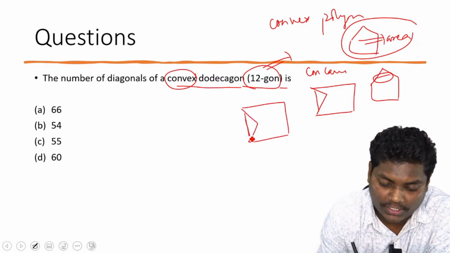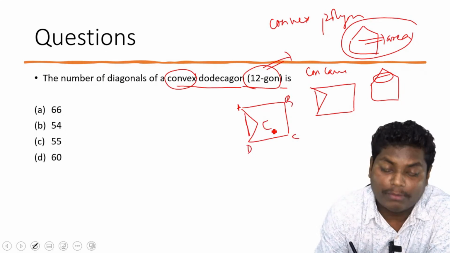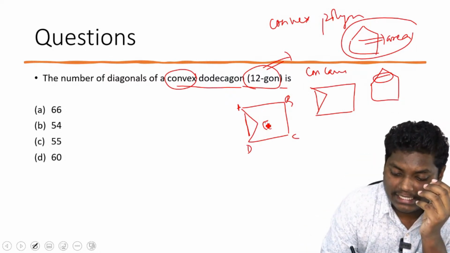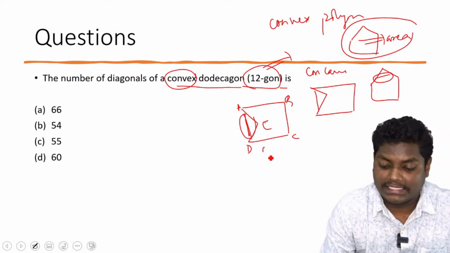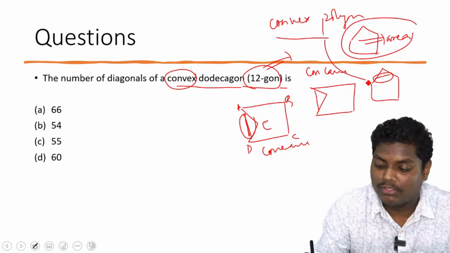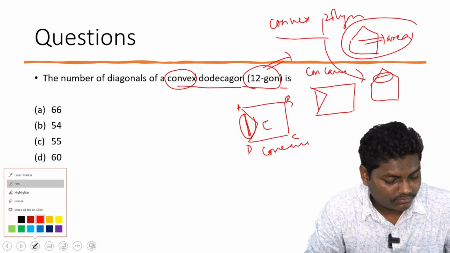Why is this a convex polygon? Because if you want to join this line, let's name it A, B, C, D, E. If I'm drawing a line between AC and CD, this line will be out of the area of the polygon. So this is an example of a concave polygon, and the regular polygons are all convex polygons. You can just remember it.